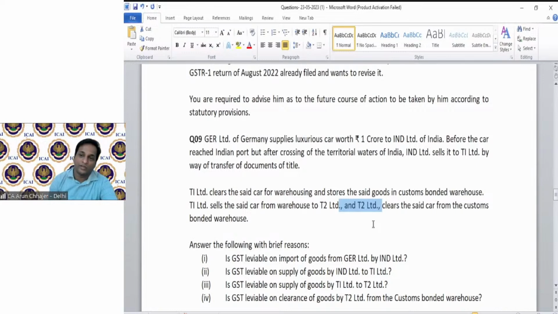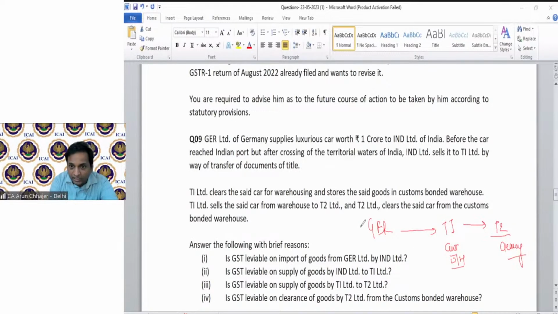the custom bonded warehouse. Now there are three parties involved actually. One is GER to T1 and then T1 to T2. He is clearing, then keeping the goods in the custom bonded warehouse, and he is clearing from the custom bonded warehouse.